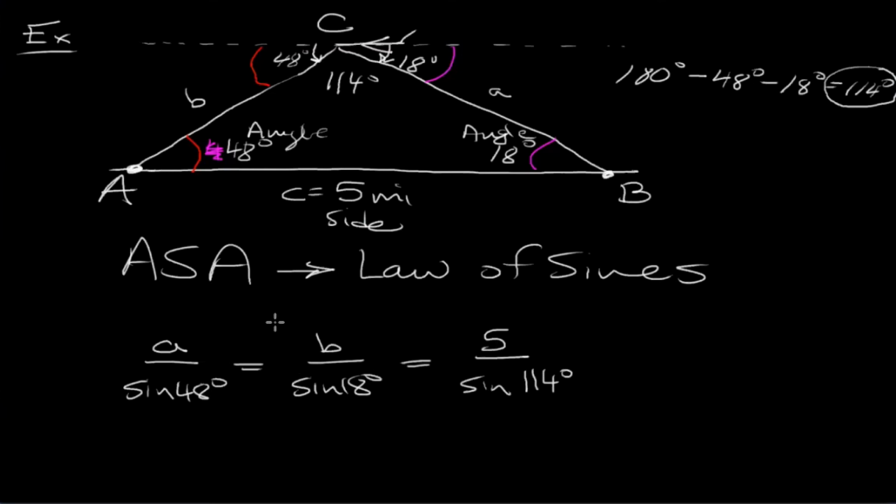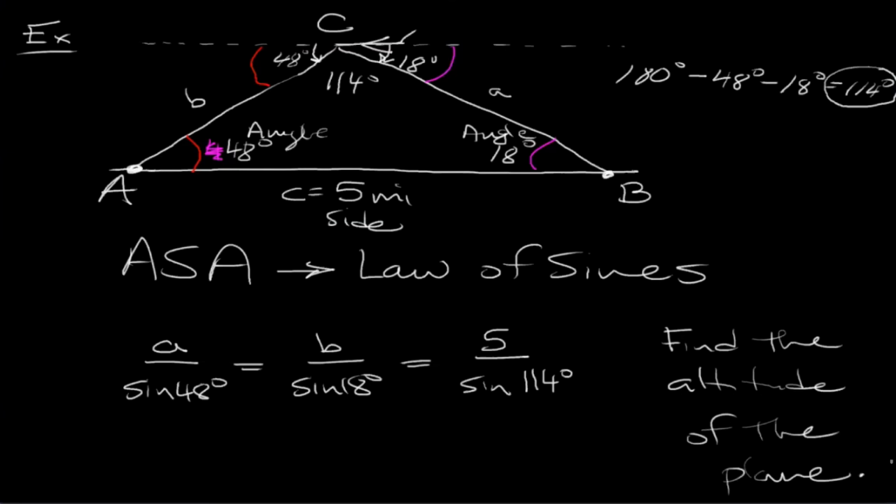So now what I want to do though is I'm not going to solve this whole thing at once. What I'll do is decide what I need to know. So for example, if I wanted to know the distance from here to here, then I could find B. Now it turns out that what I really want to know is the altitude. So the question I'm going to ask is, find the altitude of the plane.